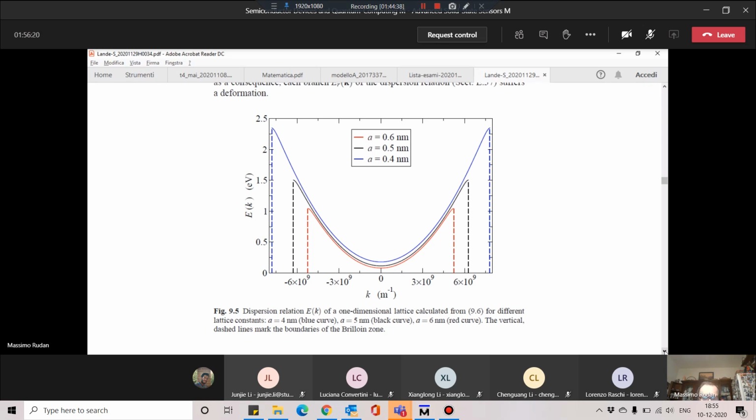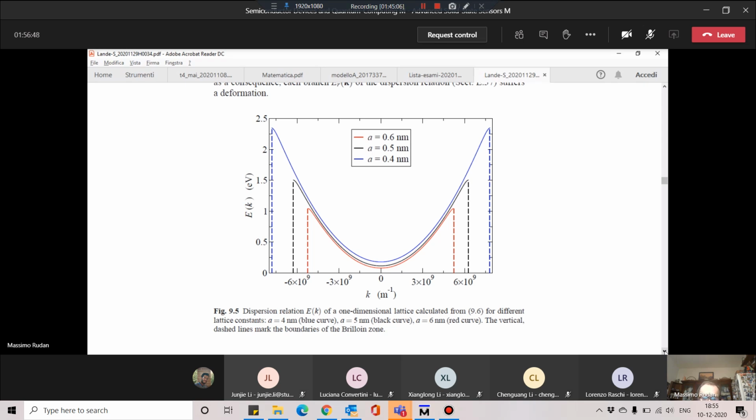The calculation was repeated, so the Kronig and Penney model was used again and again, using a different value of the parameter A. This parameter is the lattice constant, the interatomic distance in this simplified model.